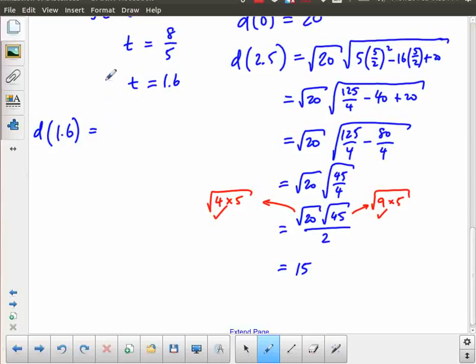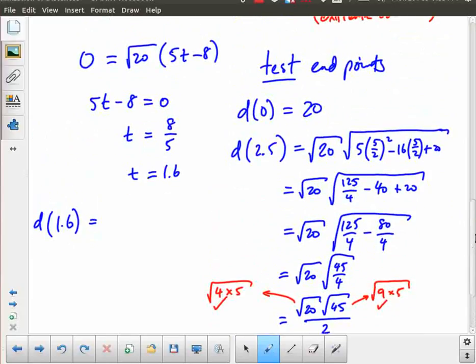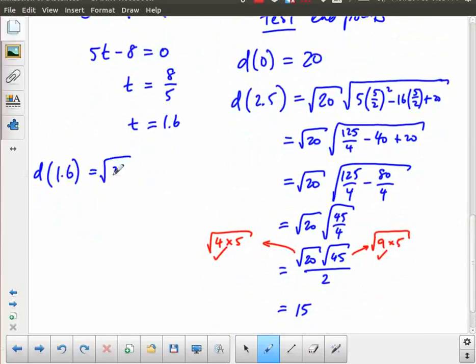And d of 1.6, I think I'm better off in this case actually just figuring it out using the 1.6. So that ends up being square root of 20 times the square root of 5 times 1.6 all squared minus 16 times 1.6 plus 20.